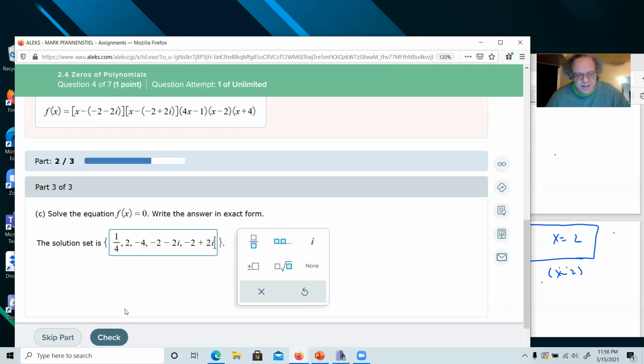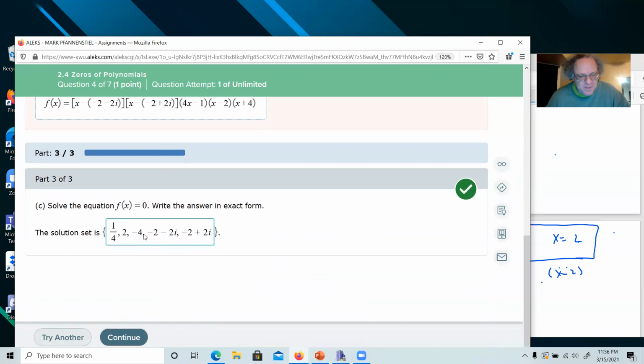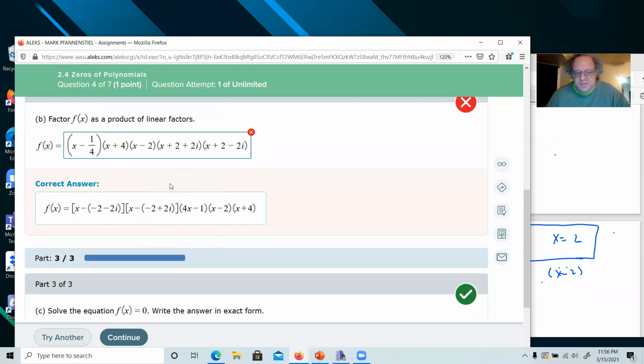All right, that should be everybody. All right, and now they're happy. Okay, so on this one, again, I would hate to do this problem again. So watch this, learn from my mistake. They know that they want this in a bracket kind of a thing here. All right.